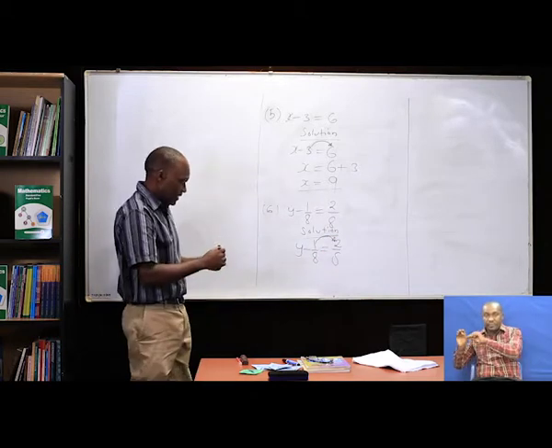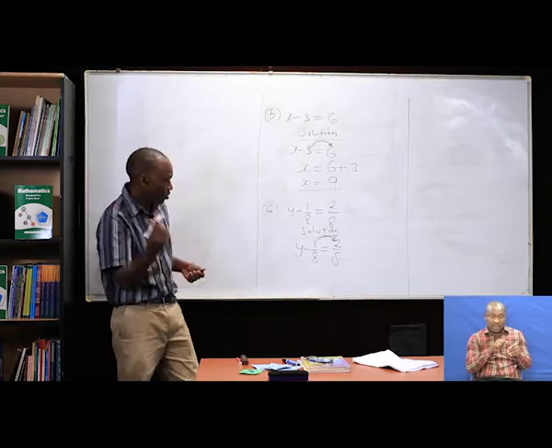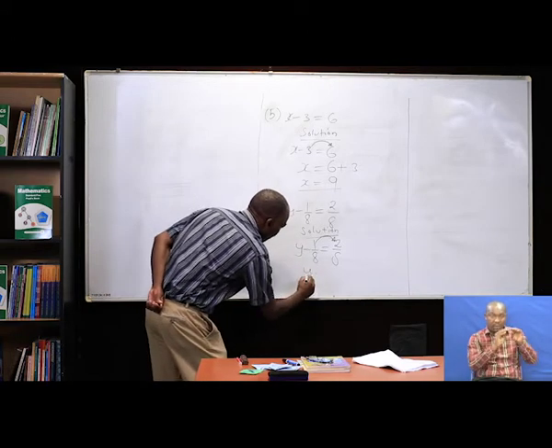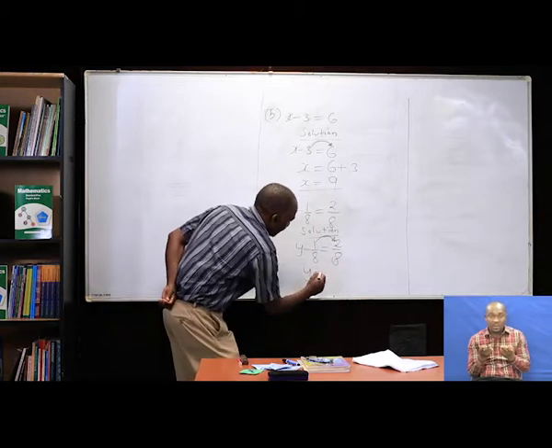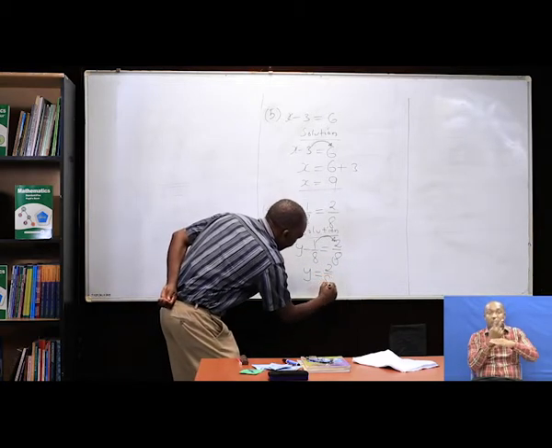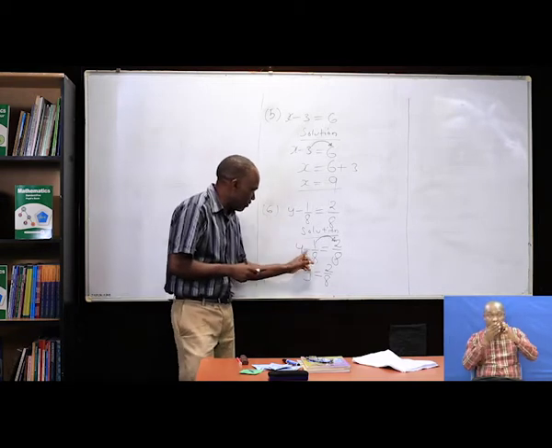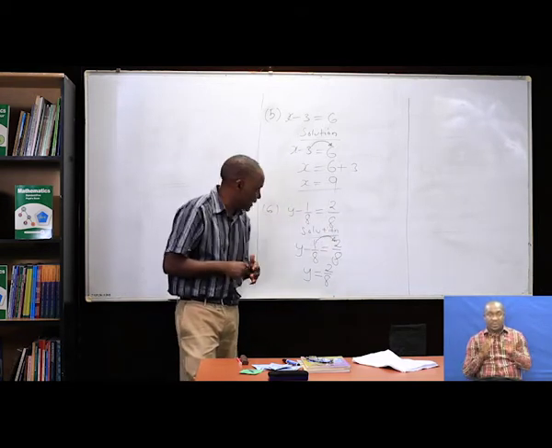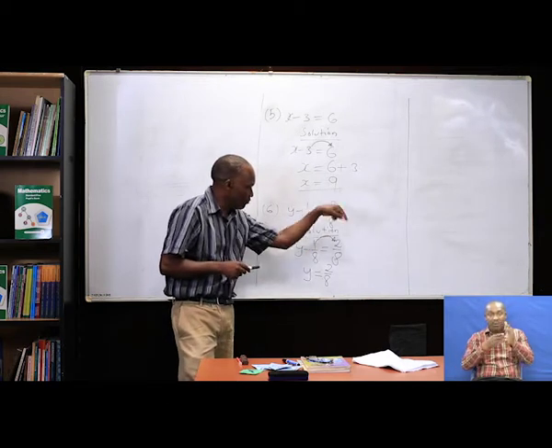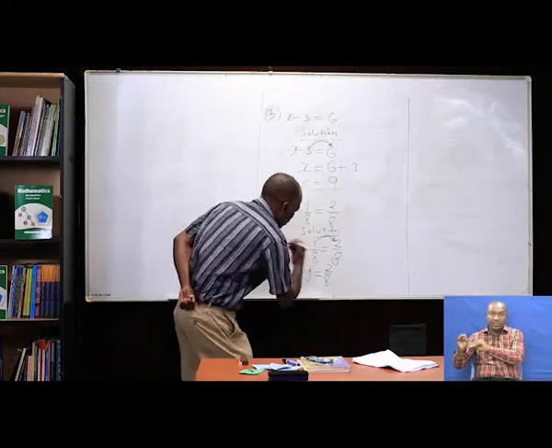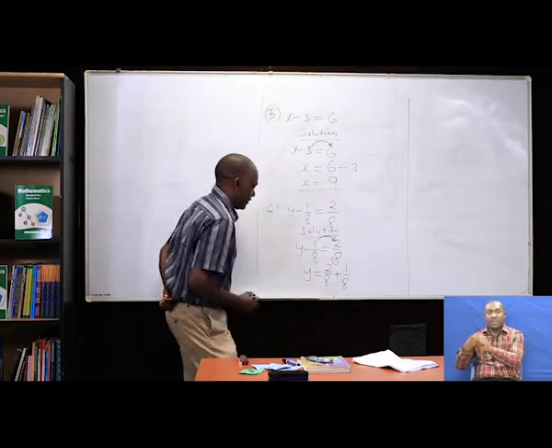So we are shifting this to another side. This arrow means this 1/8 is moving to another side. So here will be y is equal to 2/8. If this 1/8 is shifting to another side and the sign is minus, it's going to be added there. So it will be +1/8.